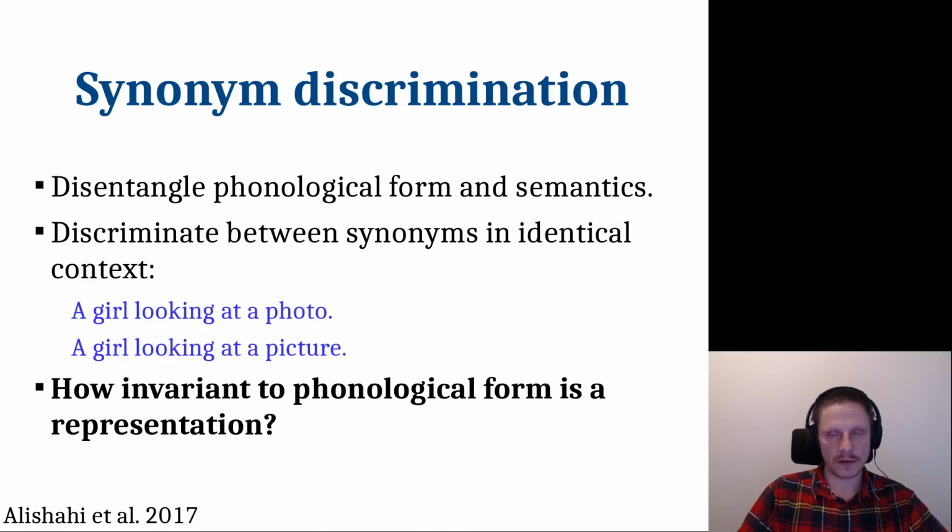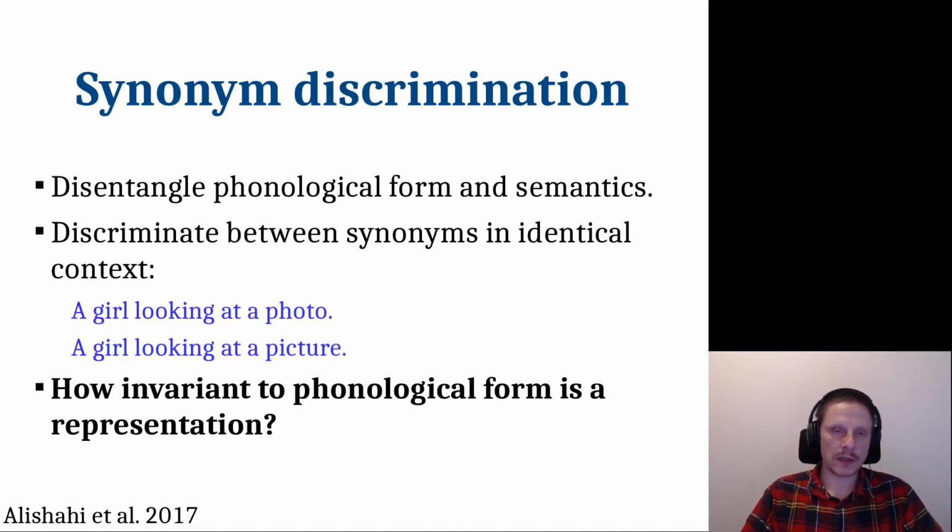So if we have a model which is processing the input, the utterance, in such a way that it discards the surface form and only encodes, or strongly encodes, the meaning of this utterance, then it should have problems distinguishing these two utterances given here and similar other cases.